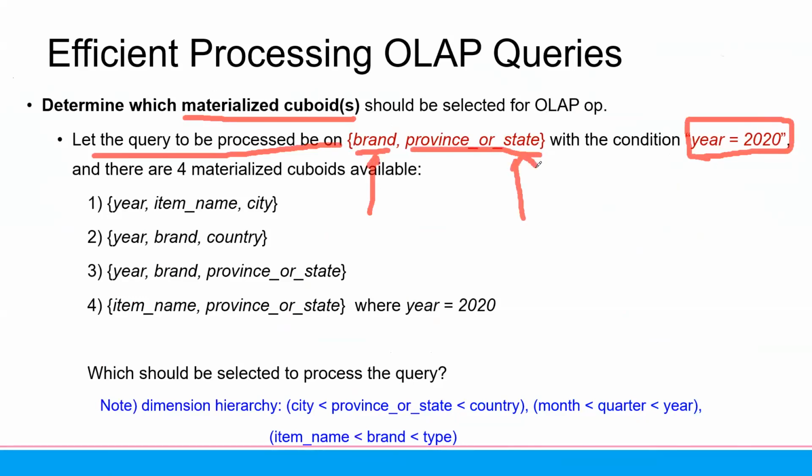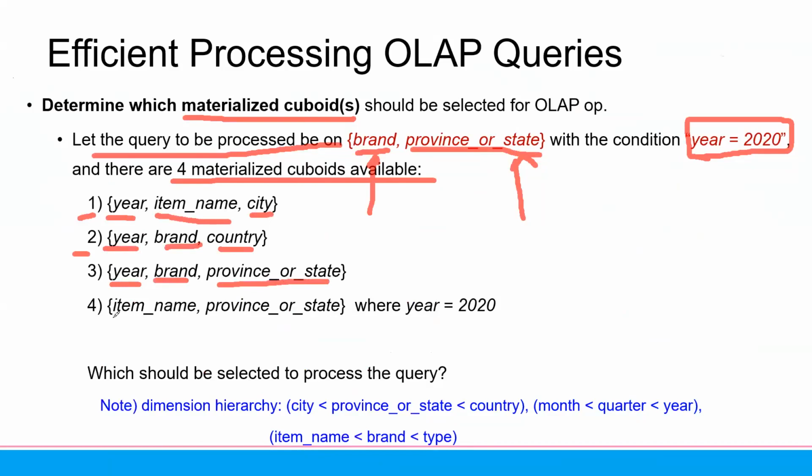Then maybe this is an example, you can make 4 materialized cuboids. The first is you can define the year, item name, and city. You can have your next materialized cuboid: year, brand, and country. Or you can define year, brand, and province or state.